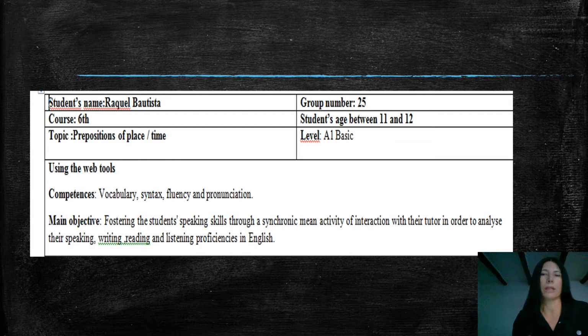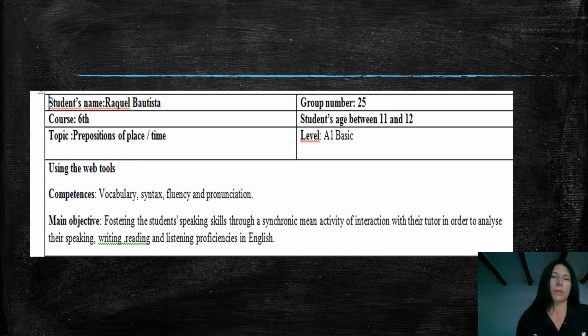The topic that I chose was prepositions of place and time in A1 basic level. The competences to work in class using the web tools are vocabulary, syntax, fluency, and pronunciation.